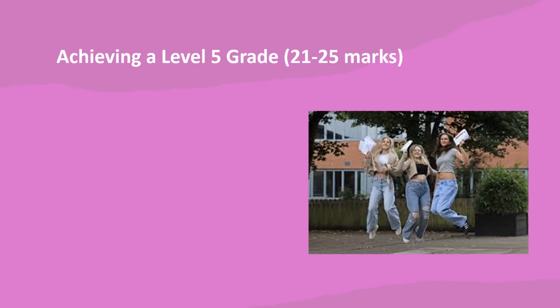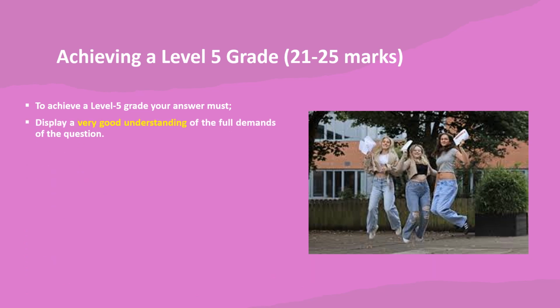So let us remind ourselves of why you're putting all your blood, sweat, tears and hard graft into your revision. Ideally, most of you would like to attain a level 5 grade in the exam, which is the equivalent of 21 to 25 marks. To achieve a level 5 grade, your answer must display a very good understanding of the full demands of the question, and this can only be done by wide reading and looking at what the question is asking you.